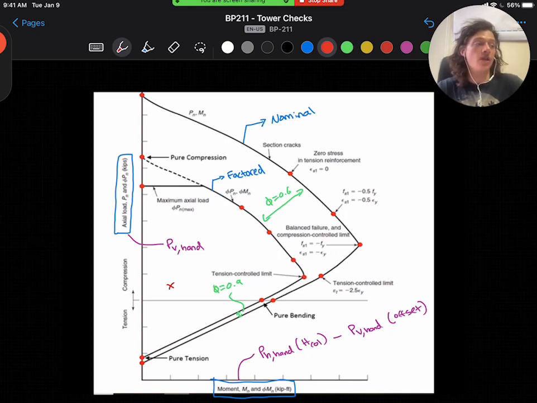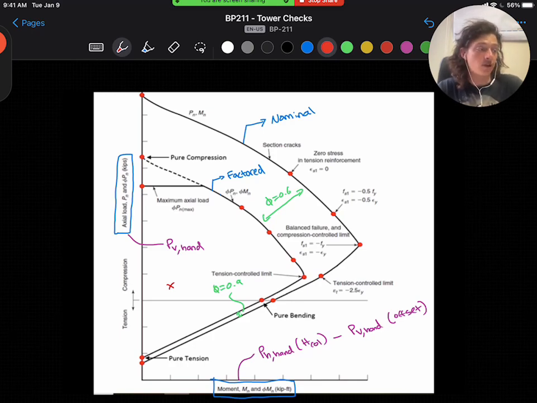And we will plot the nominal and then factored load capacity for a single tower in order to form the range in which our demand must fall, like I marked with an X here. And remember, the factored capacity is the nominal capacity multiplied by the load factor phi, which if we consult ACI, you may notice drops from 0.9 to 0.6 when our section is tension controlled versus compression controlled.